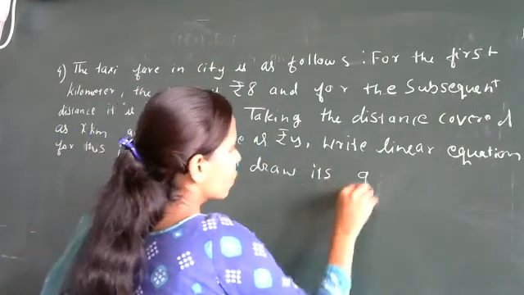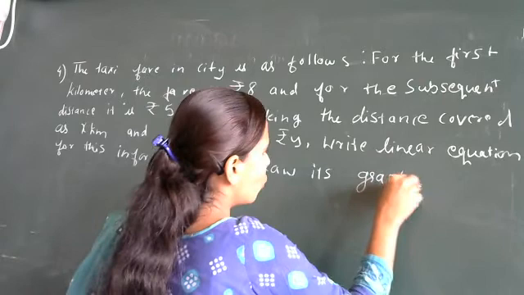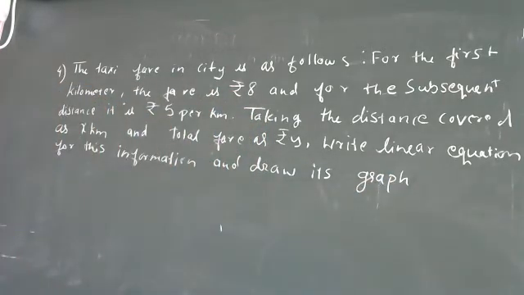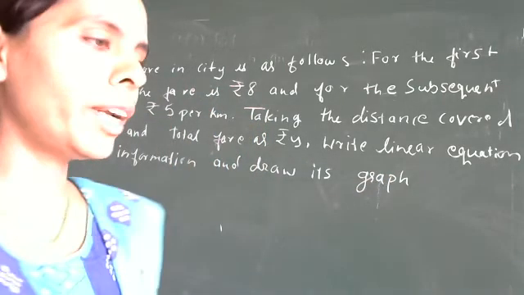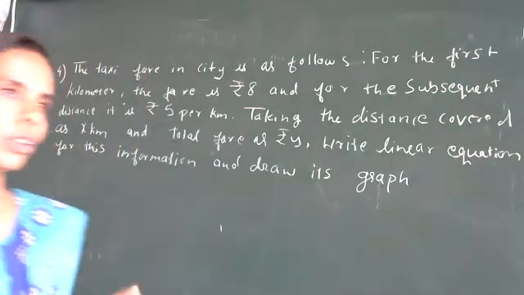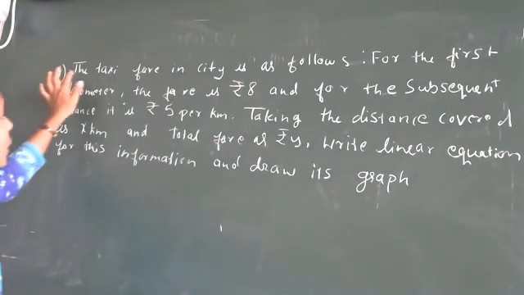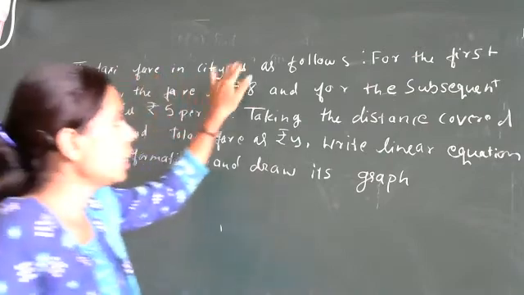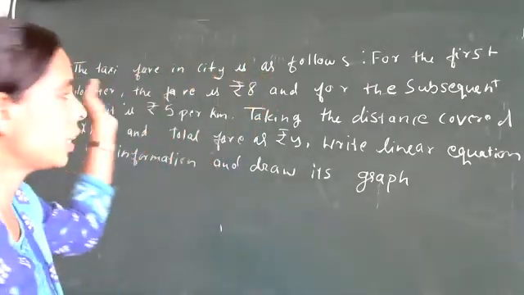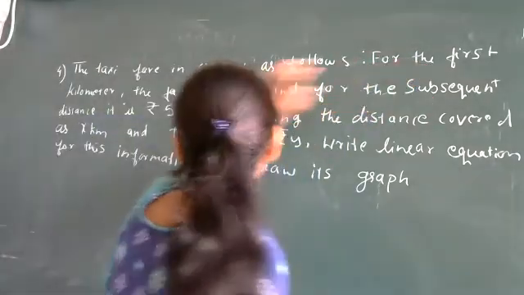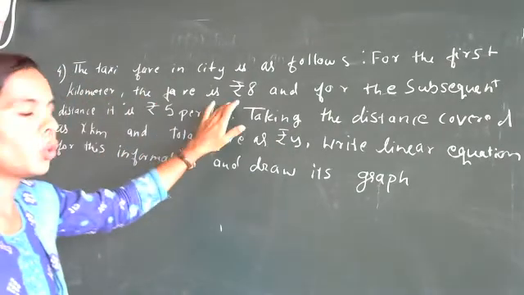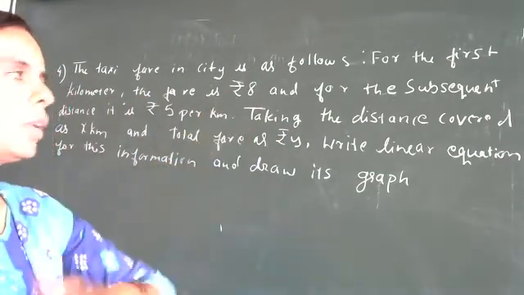So here I will show how to find the equation. You can draw the graph because in coordinate geometry we have seen how to draw a graph in the coordinate plane. So what is the equation? The taxi fare in the city is as follows. For the first kilometer, it is charged as rupees 8, whatever may be the distance.